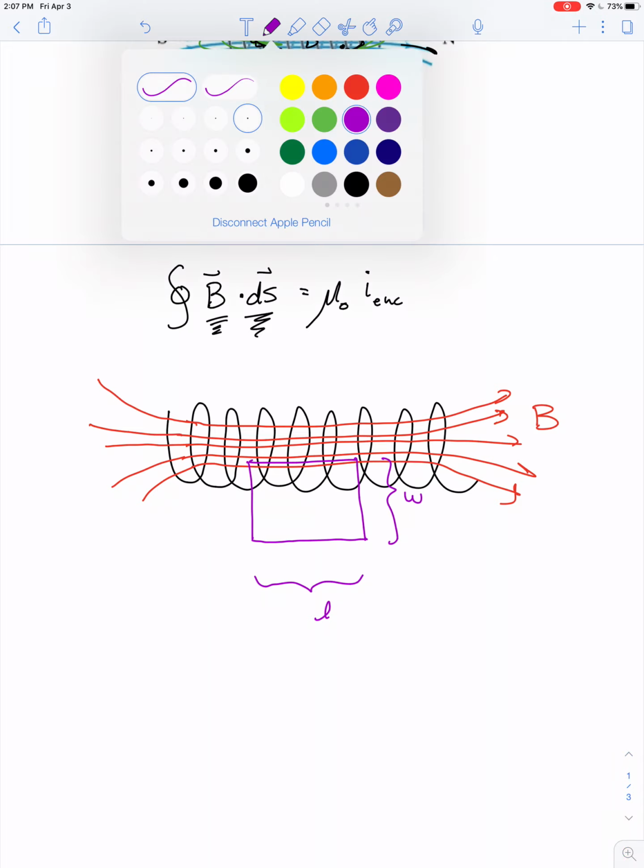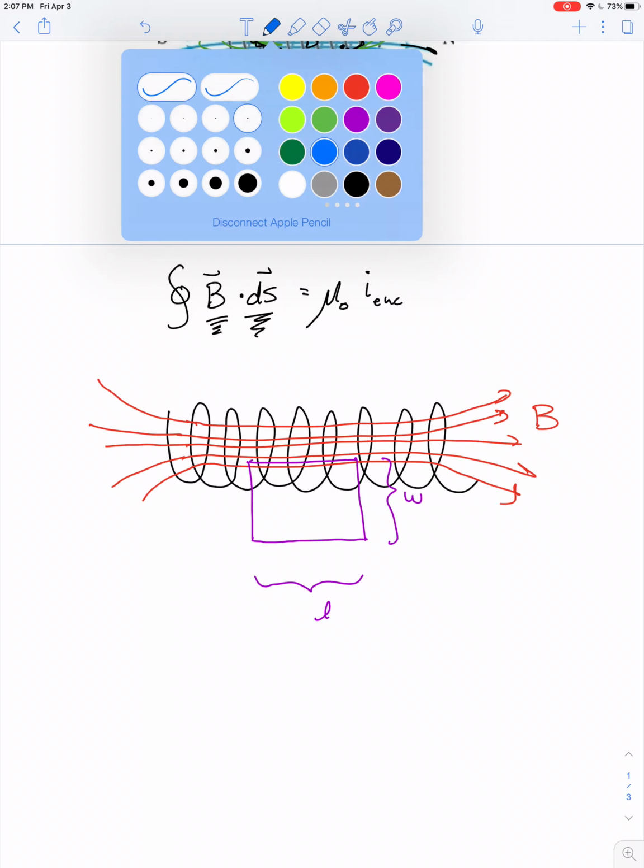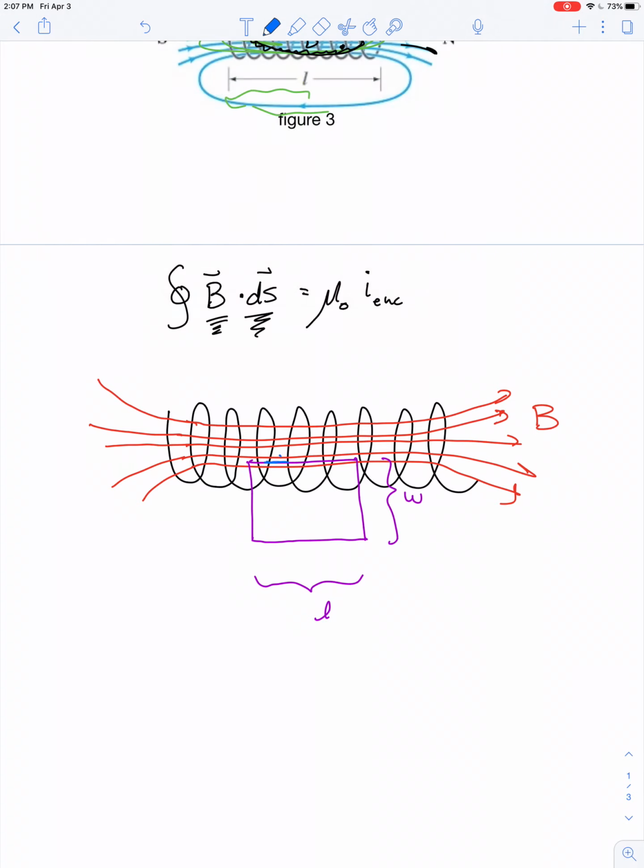So there's a portion of the loop right here that I call ds. There's another ds, and another ds, and another ds, and ds. So I'm breaking up the whole perimeter of this rectangle as a bunch of little segments that I call ds. So there we go, I've pictured my ds.